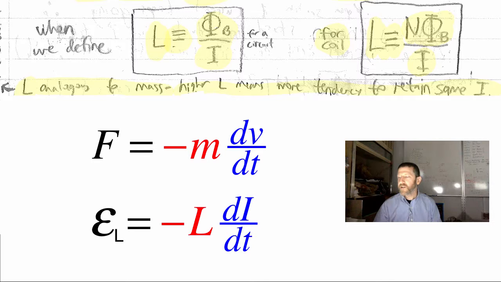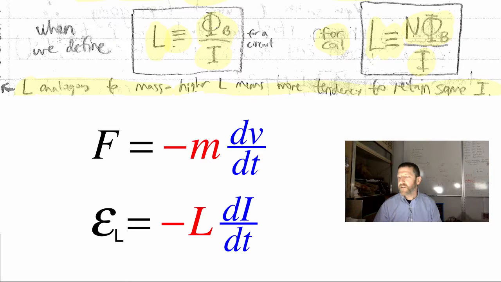Similarly, if you try to change the current in a coil or in a loop of wire, then the back EMF, the electromotive force, not a force but an electric potential, is proportional not only to the inductance, which is just like mass, but also to the rate of change of current.